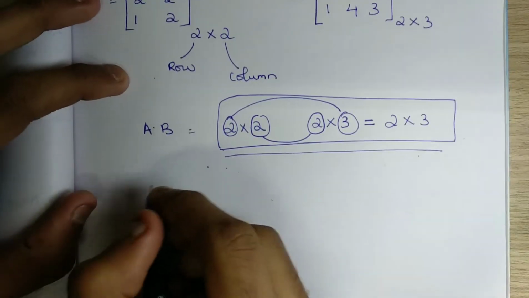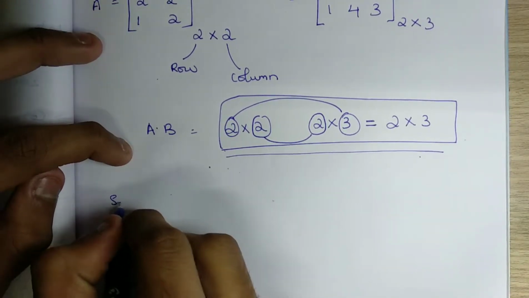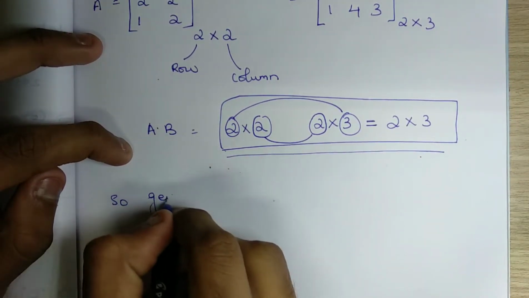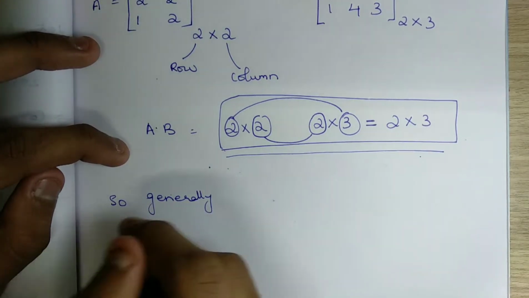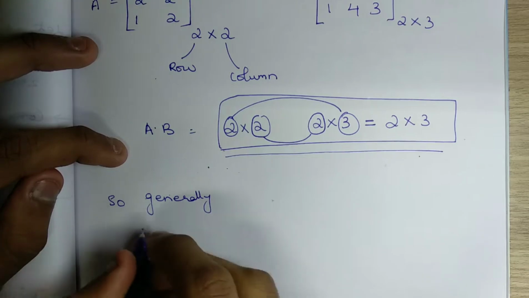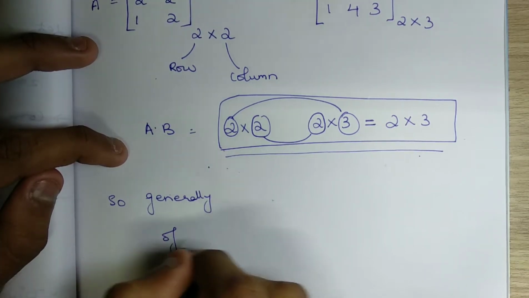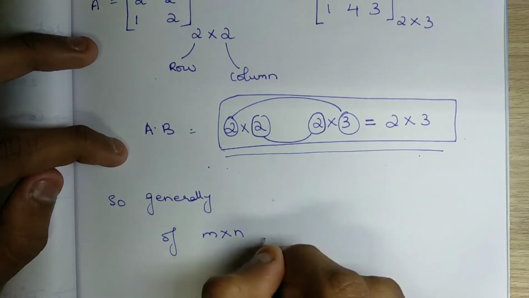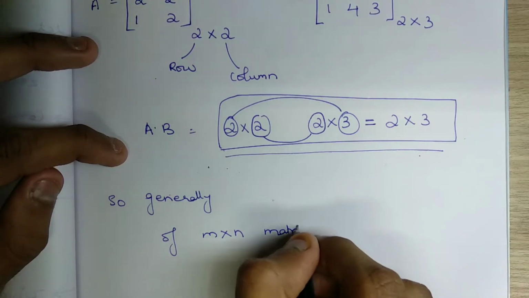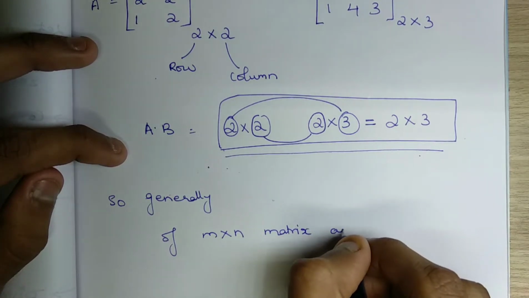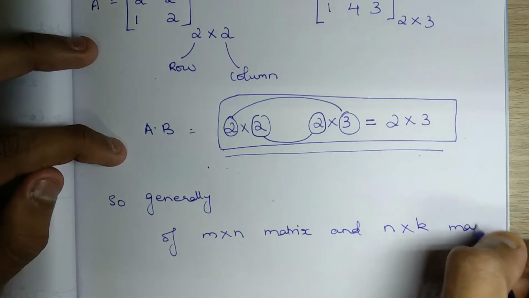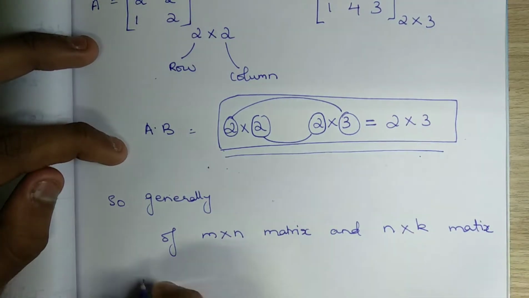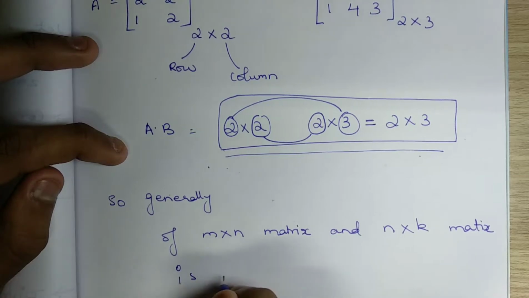So generally, we can write that a product of an M into N matrix and an N into K matrix is an M into K matrix.